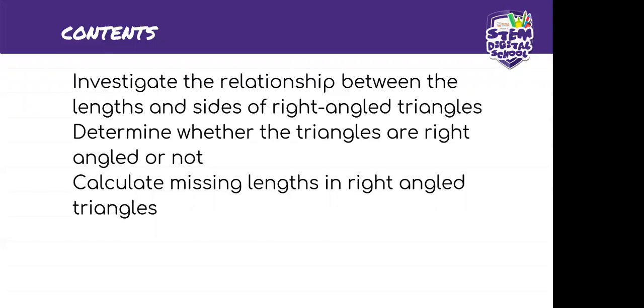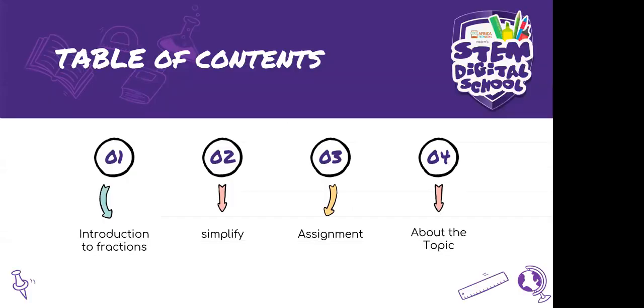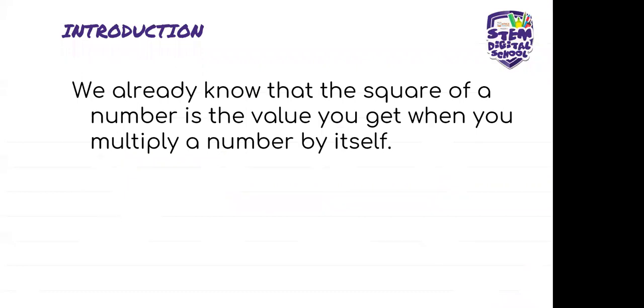Right. Without any waste of time, I want to take you through something that you may already know. We should know by now that the square of a number is the value that you get when you multiply a number by itself. Over the last few weeks, we have shown that when you multiply a number by itself, you get something called a square number.